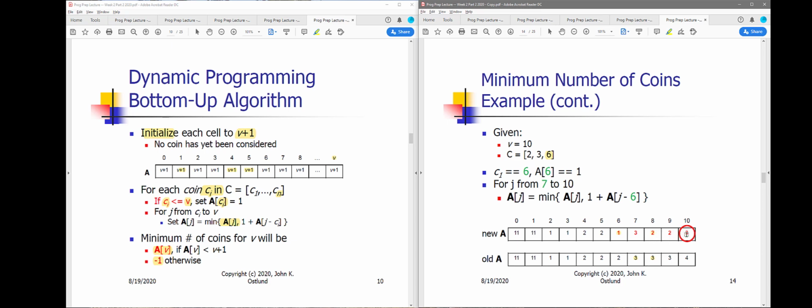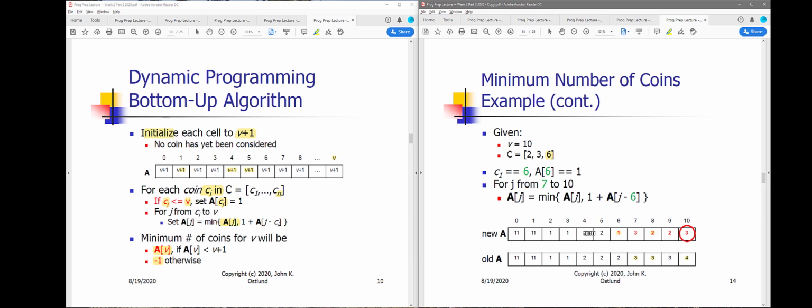And when we finally get to the end, where we have our old value, our previous value for the value of 10 was 4 coins, 2 3-cent coins plus 2 2-cent coins. Now we're going to need either 4 coins or 1 coin plus a sub 10 minus 6, that is 1 plus a sub 4.